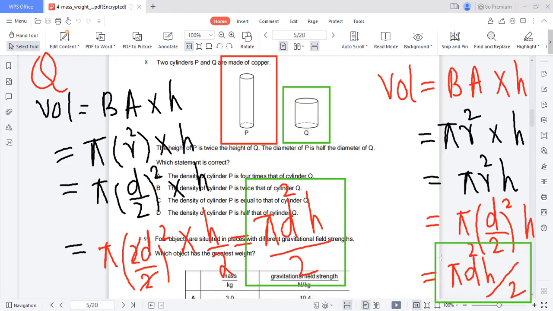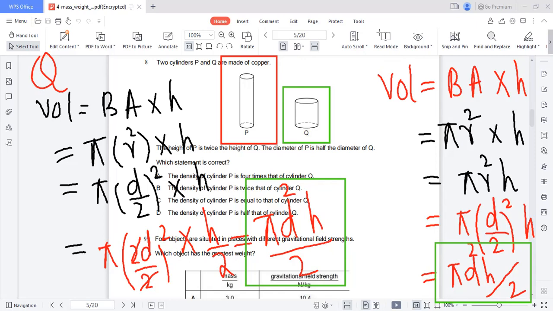You can see in both cases the volume is same. Now their volumes are same, and if their masses are same, then density would be equal. If the same amount of matter is there, then their volumes are same, and their density would also be same.